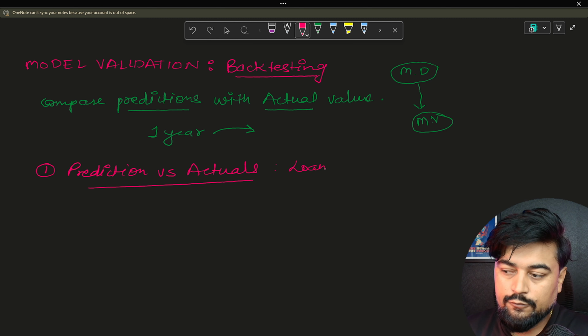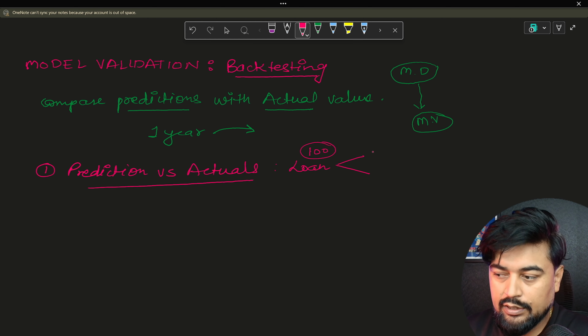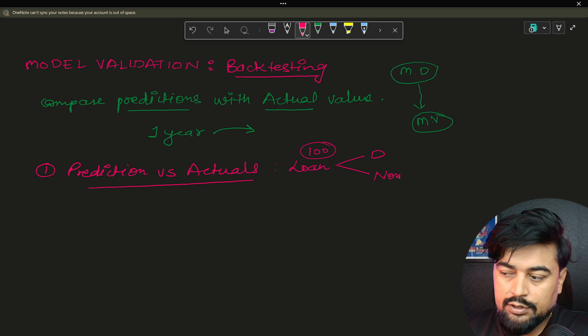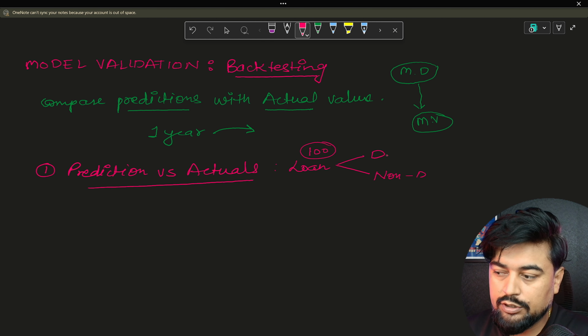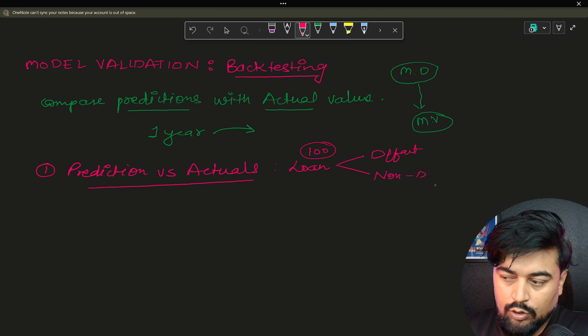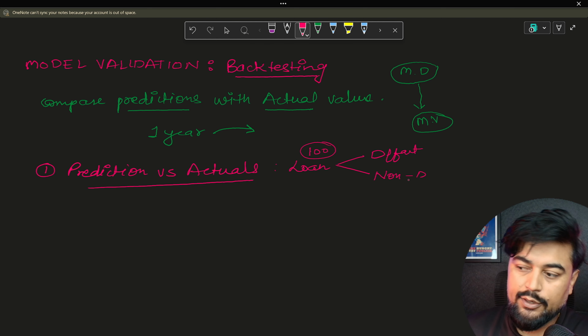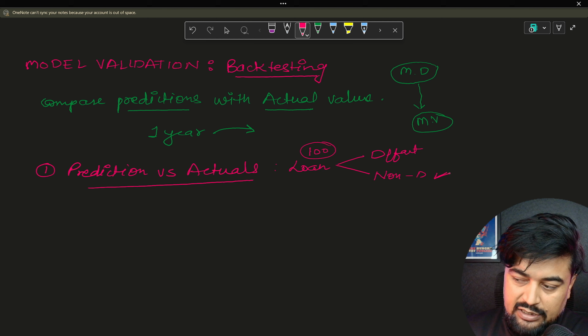For a loan portfolio, what the bank wants to know is, if we have, let's say, 100 customers, how many out of 100 will default and how many will not default. Default means the people who stopped paying EMI. The non-defaults are paying their EMI regularly. Obviously for the bank, these customers are good, and these are bad customers, the default customers.